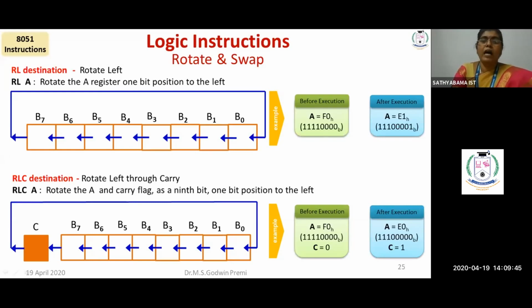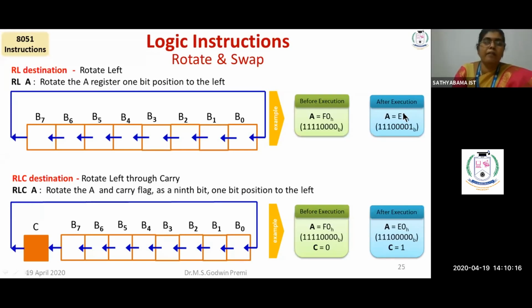In the same way, RLC space destination. So destination can be only the accumulator. Here RLC, C is there. That means the mnemonic itself has the carry. So we have to use the carry flag bit as the 9th bit. The previous one is the 8-bit rotation and this one is the 9-bit rotation. So along with carry, it is rotated. Just we can see B0 is moved to B1, B1 to B2.